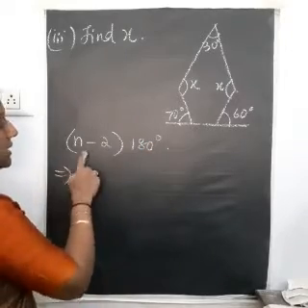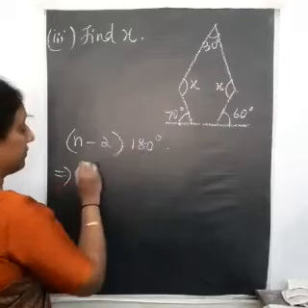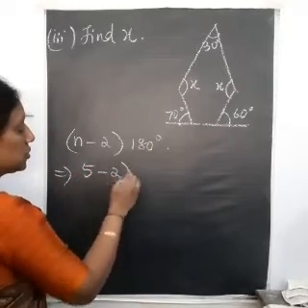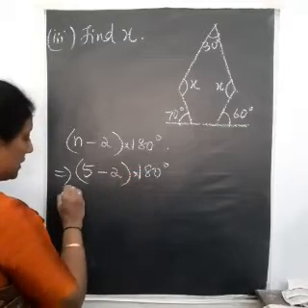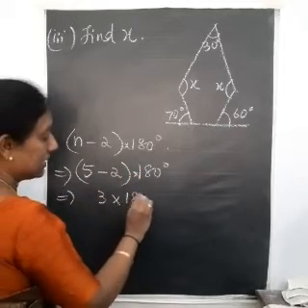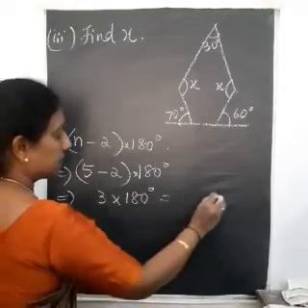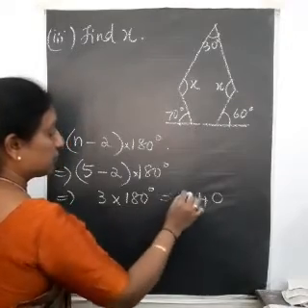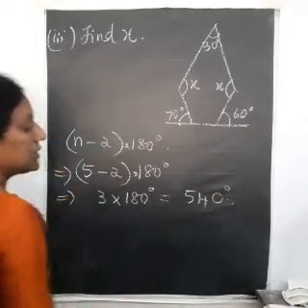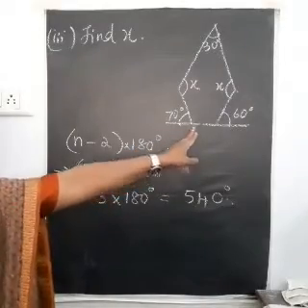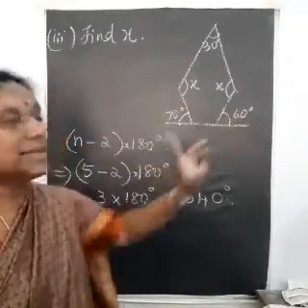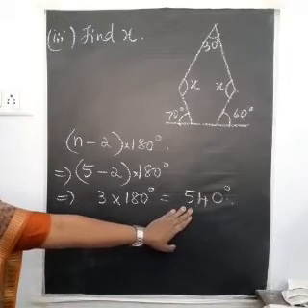So, in this case, the number of sides is 5. So, 5 minus 2 into 180 degrees. So, what will you get? 3 into 180 degrees, that is 540 degrees. So, the angle sum property for a pentagon, a 5-sided figure, is 540.